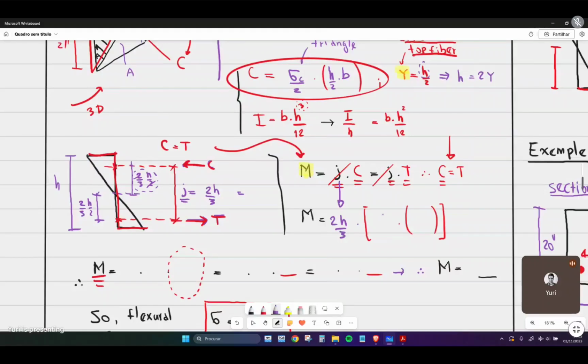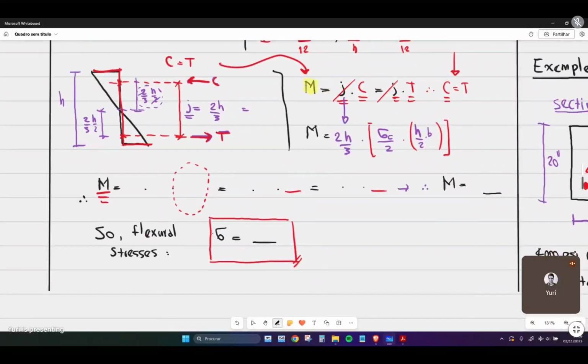And the force C is the compressive stress divided by 2, multiplied by h over 2, times b. If we reorganize this equation, let's leave it as 2 times the concrete stress, and what we're going to have is h multiplied by h times b, so h squared divided by 12.